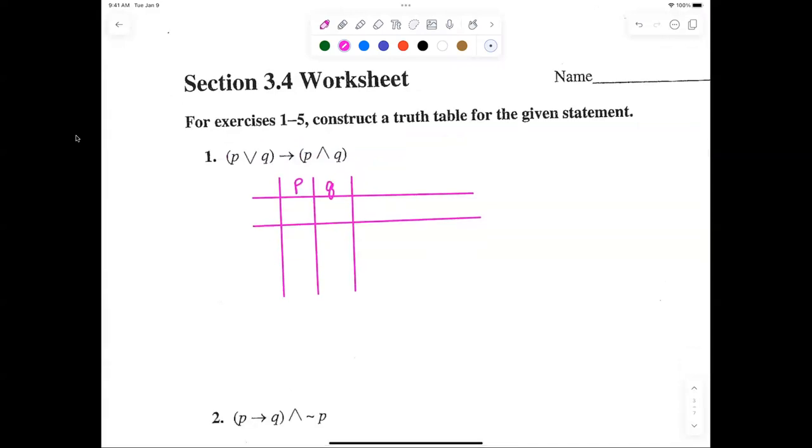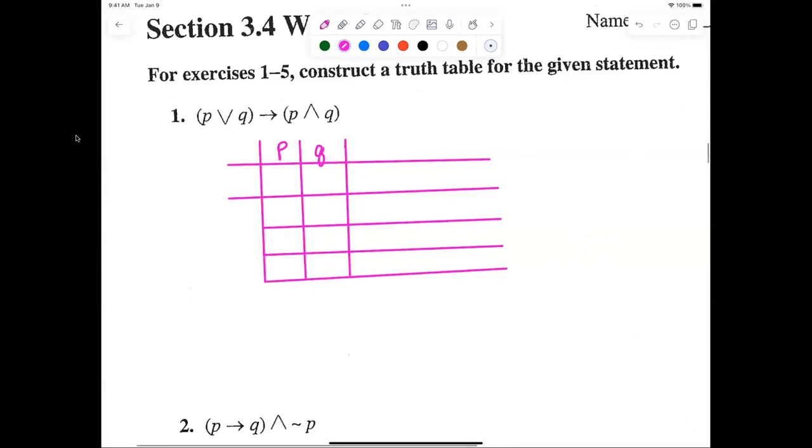And then down here, how many rows are there? I don't think there's 8. There's actually 4. Do we agree, 4? Right, because there's only 2 statements, right?